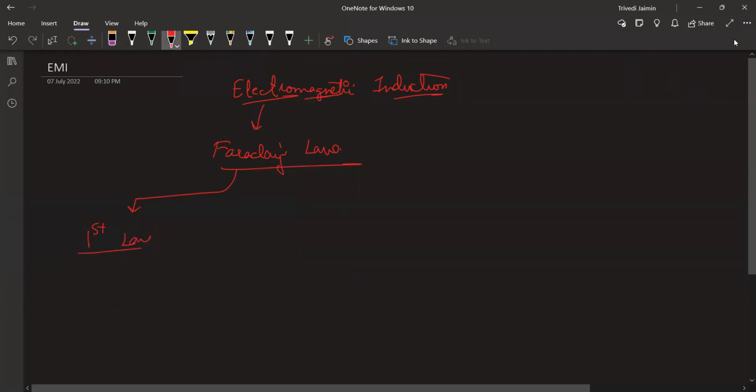What does the first law say? When the magnetic flux linked with a circuit changes, it changes the EMF.